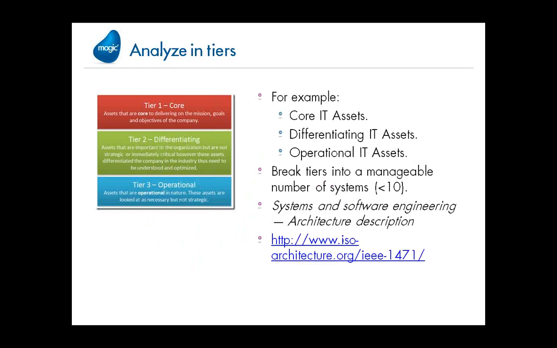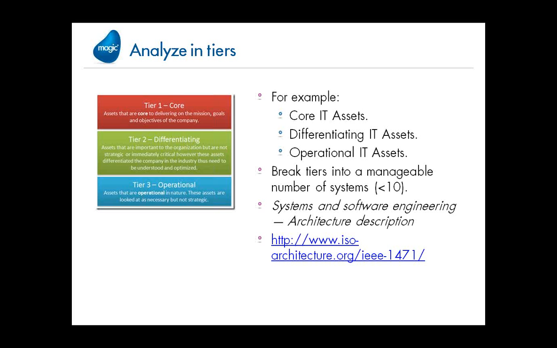So you might think of those priorities in terms of assets in terms of 3 tiers. Your core IT assets that are really critical to the mission and goals and objectives of the company. The second tier would be more differentiating assets, where they're important to the organization, but they may not be the key strategic element of your IT infrastructure that differentiates the company. And therefore, these need to be understood. They need to be optimized, but they're not the most critical.